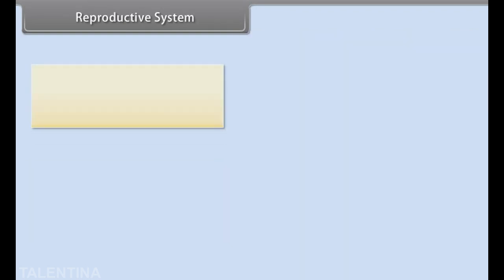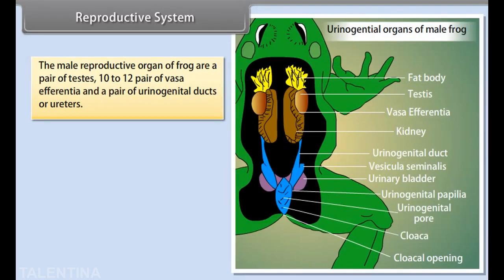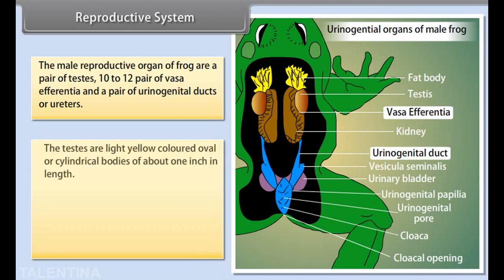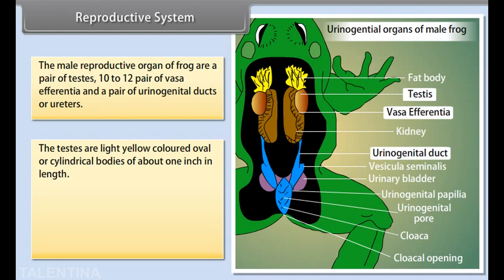Reproductive system. The male reproductive organs of frog are a pair of testes, 10 to 12 pair of vasa efferentia, and a pair of urinogenital ducts or ureters. The testes are light yellow colored, oval or cylindrical bodies of about 1 inch in length.